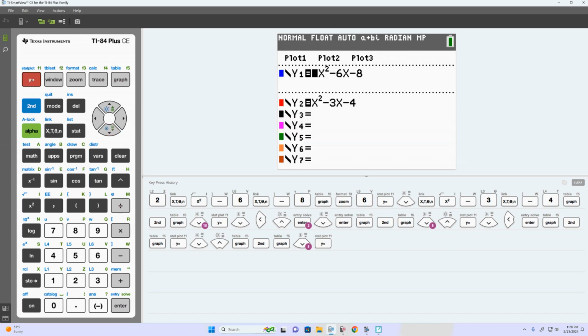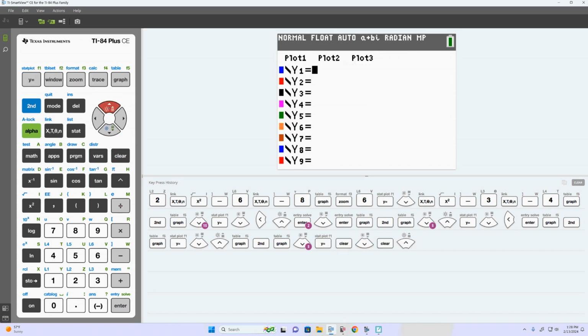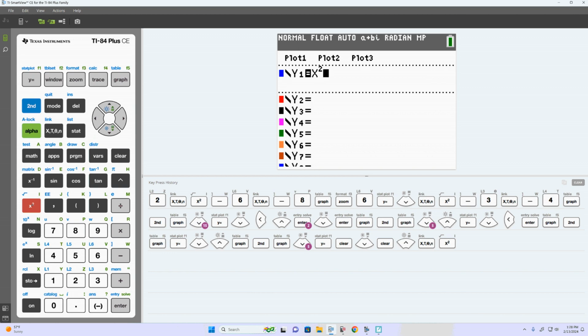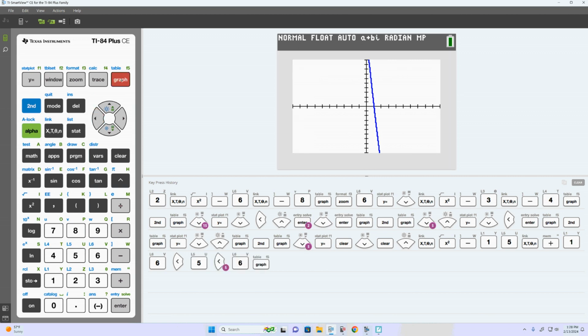I can grab the graphing calculator, say y equals, we have x squared minus 16x plus 15. Well, we have one of them as 1.